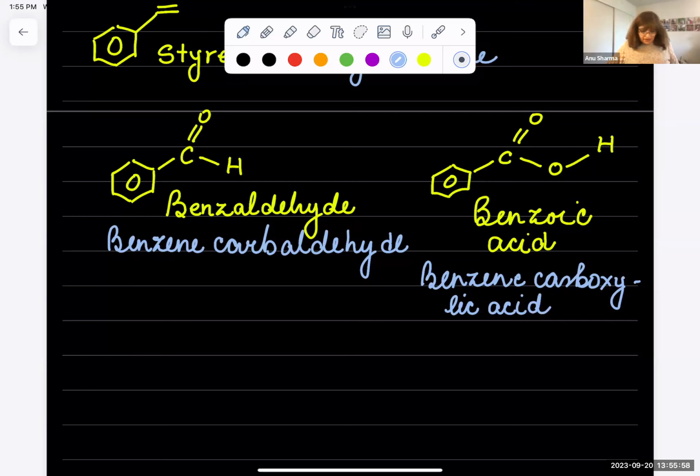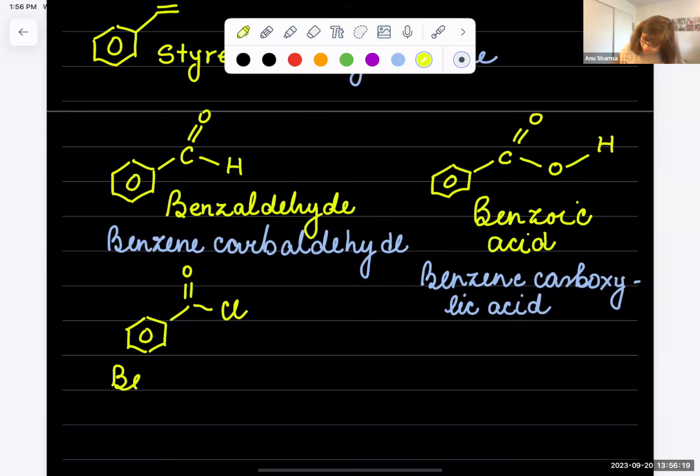Okay. Next is the benzene, and then you have the oxygen, and then you have Cl here. So it is a carbonyl with a halocarbonyl. This becomes benzoyl chloride.